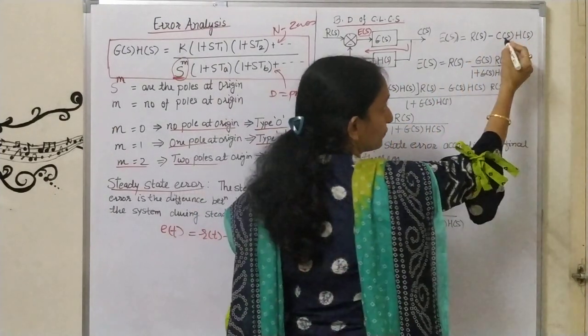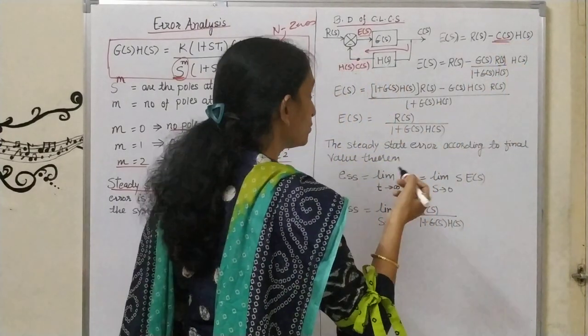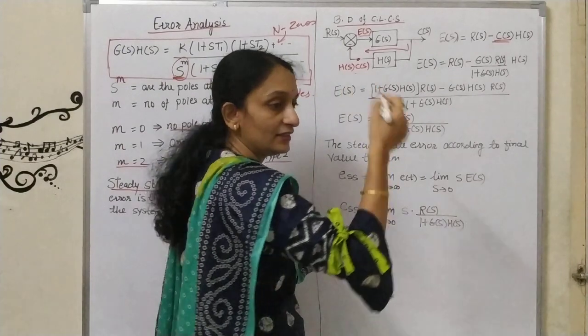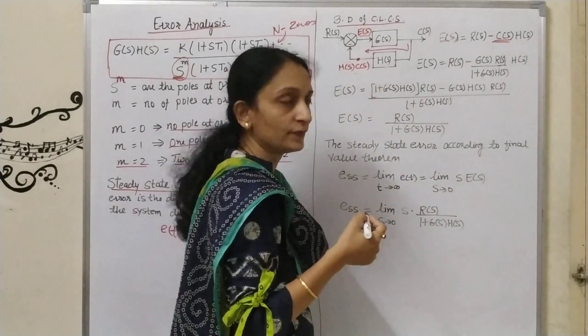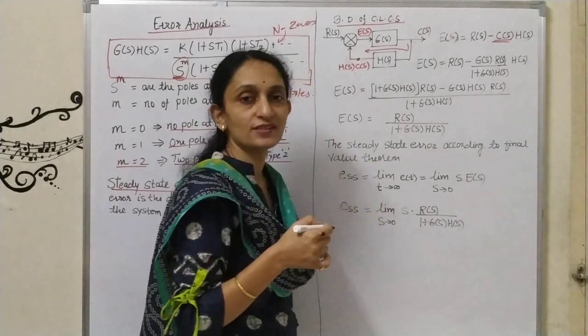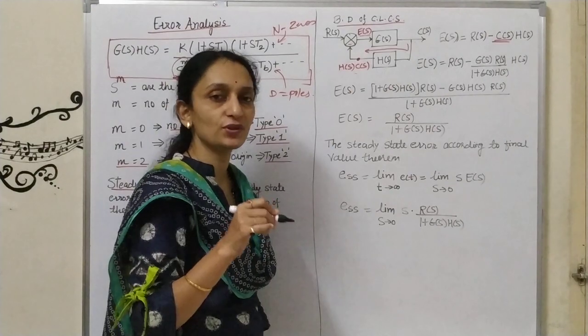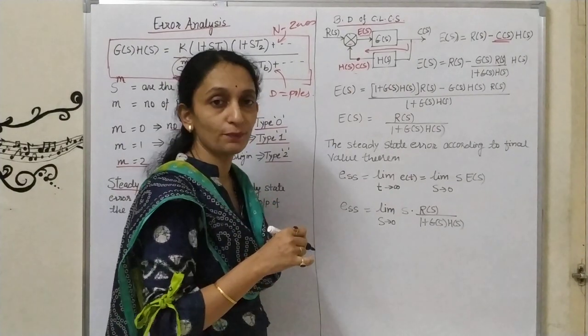Now look at this carefully. This C(s) is nothing but the output. So we know that the standard transfer function can be written as C(s) upon R(s) is equal to G(s) upon 1 plus G(s) H(s). This is for a negative feedback signal.